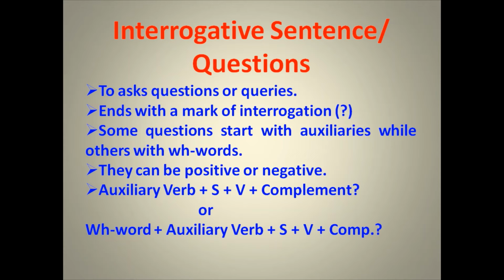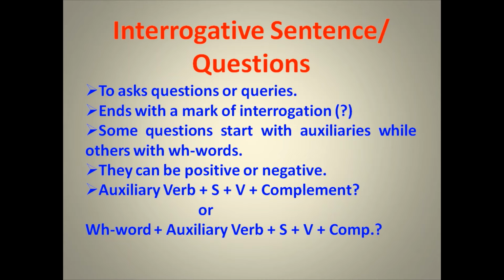Once again I'm repeating, the interrogative type of sentence first starts with a helping verb, then is followed by subject plus verb plus complement, and at the end a question mark.